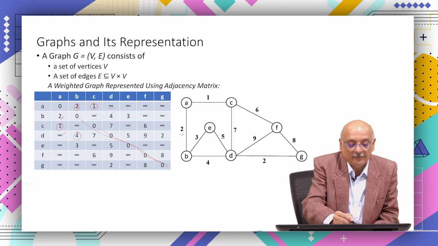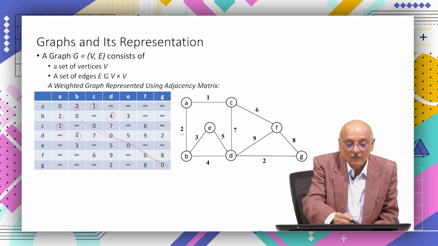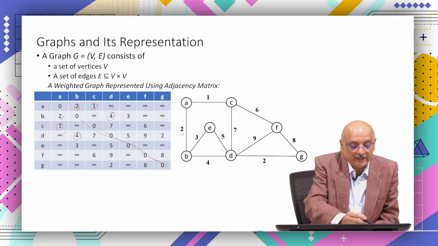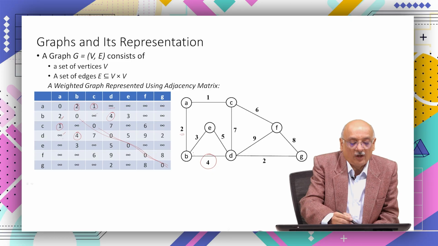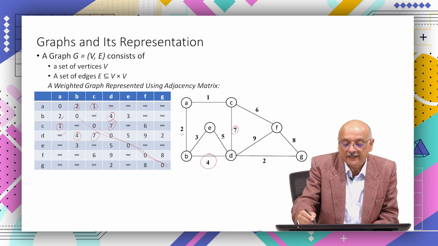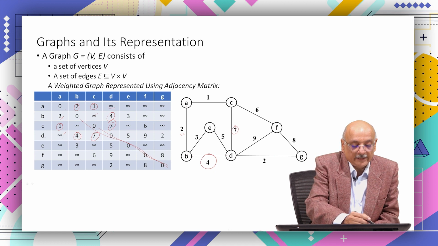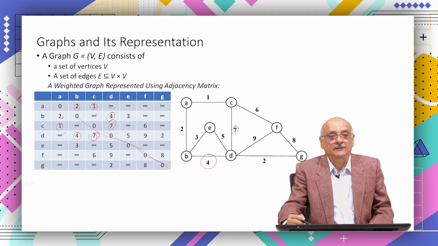So 4 is here, 4 is here. And now if we are referring to 4, that is from B to D, we are referring to this particular edge. So all the way you can refer to this 7, you can see that they are referring to typical edges, C to D, or D to C, which are the same edges.